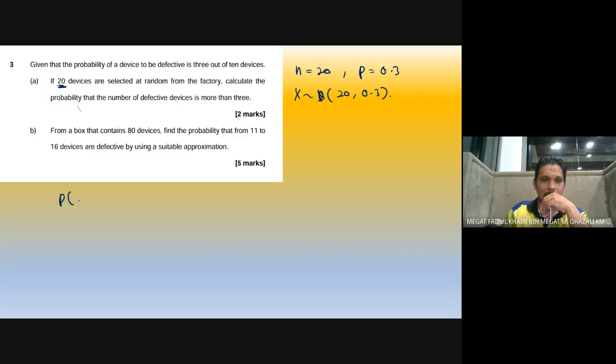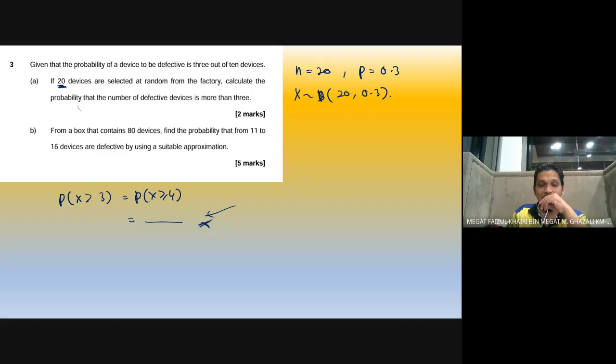So, the probability of x more than 3. Look at the term more than 3. Does it include 3? No. Which means it is the probability of x greater than or equal to 4. So here you may refer straight to the statistical book that you will get in the examination.